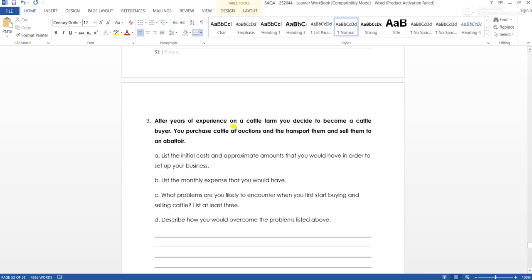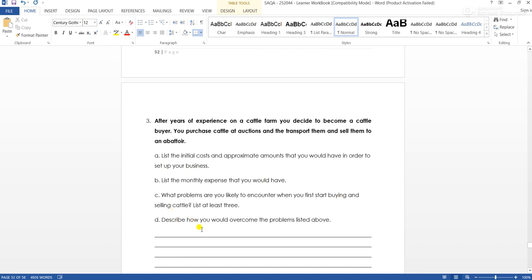After years of experience on the cattle farm, you decide to become a cattle buyer. You purchase cattle at auctions, and you transport them and sell them to an abattoir. So number A, you need to list the initial costs, approximate amounts that you would have in order to set up your business, list the monthly expenses that you would have, and what problems you are likely to encounter when you first start buying and selling cattle.